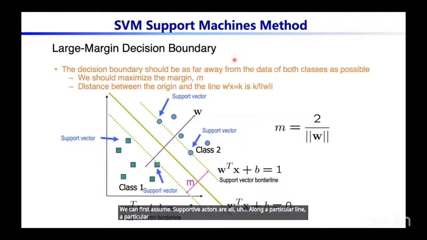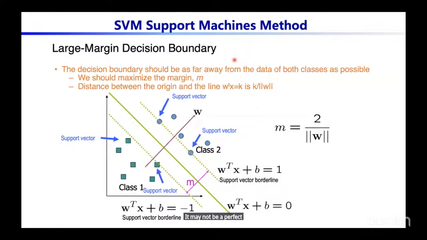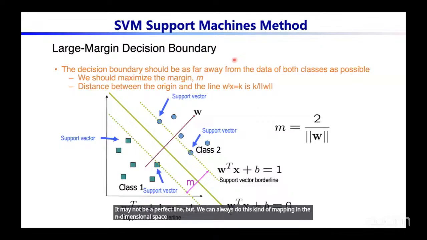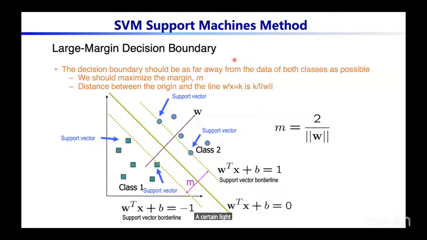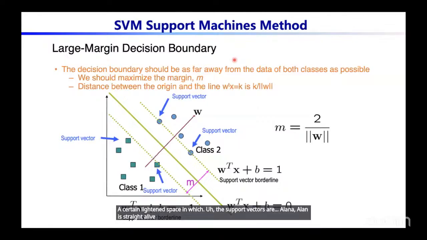Of course, in reality, it may not be a perfect line, but we can always do this kind of mapping in the n-dimensional space to find a certain latent space in which the support vectors are aligned along a straight line. So this can be done, as will be discussed later on.